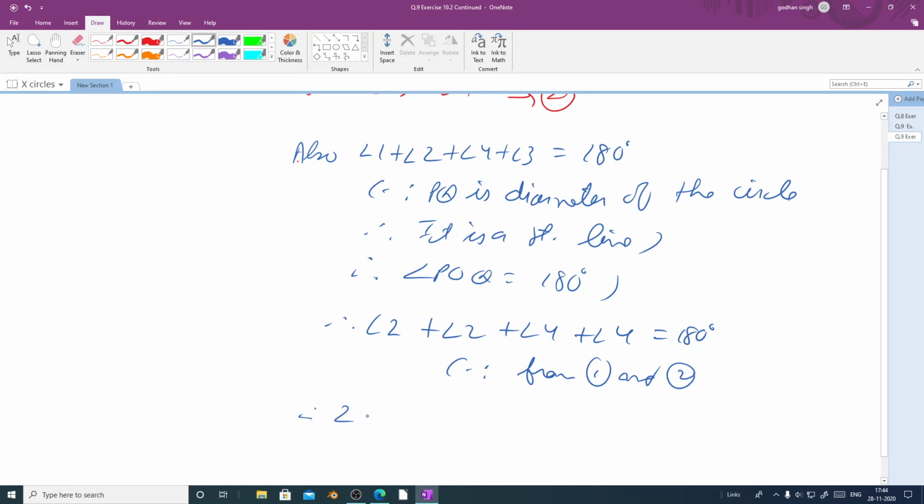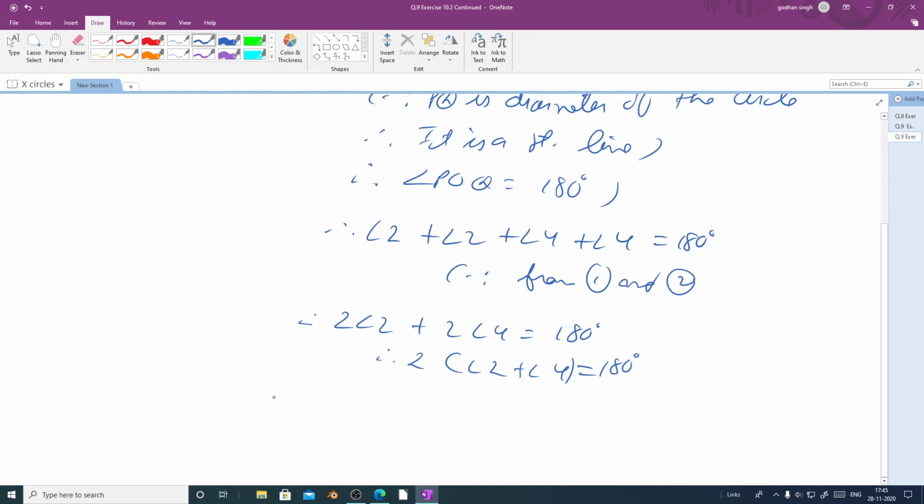Therefore 2 angle 2 plus 2 angle 4 equal to 180 degrees, and taking 2 common, angle 2 plus angle 4 equal to 90 degrees.